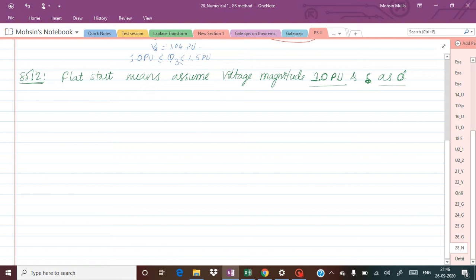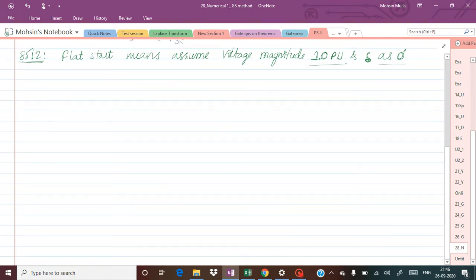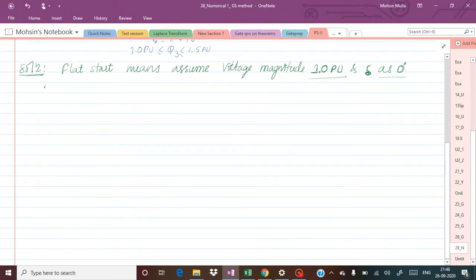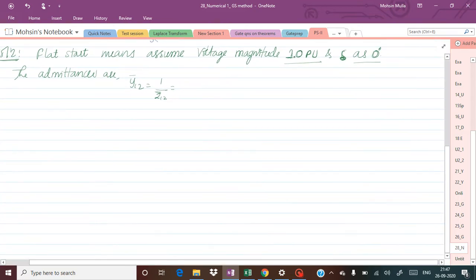Now let us determine the y elements, or admittances. First of all, small y12 is obtained as 1 divided by z12. All of these are phasor values, even if I don't mention it, having real and imaginary parts.